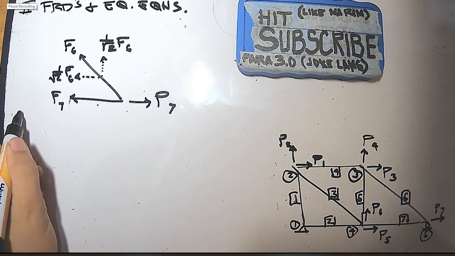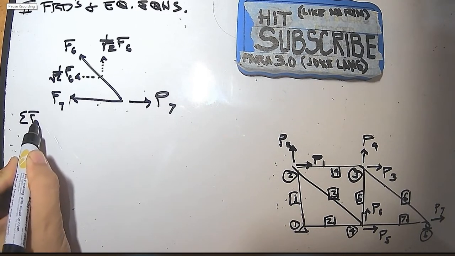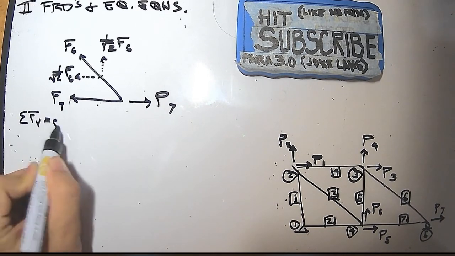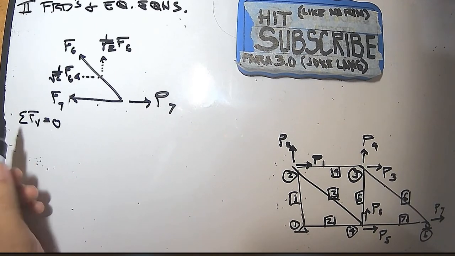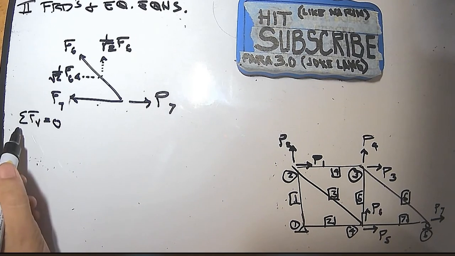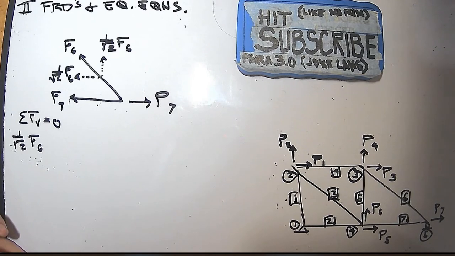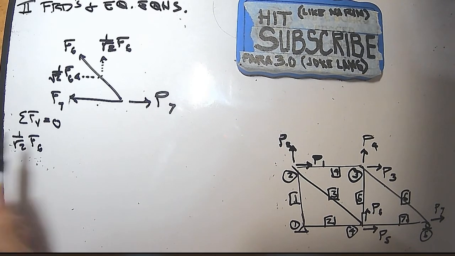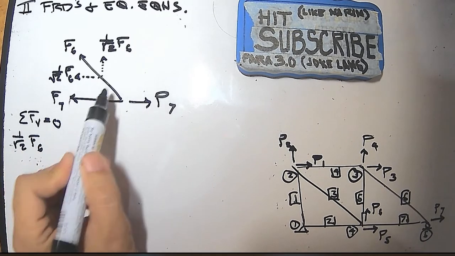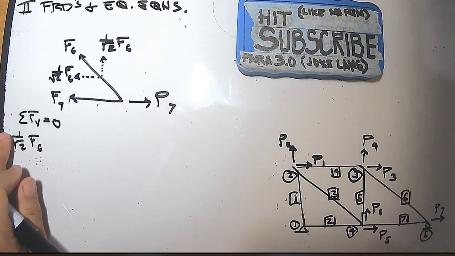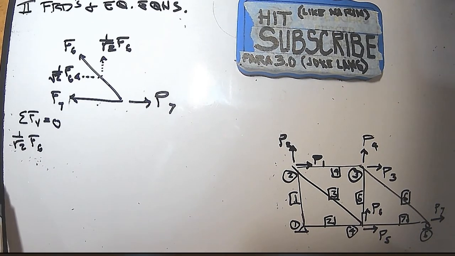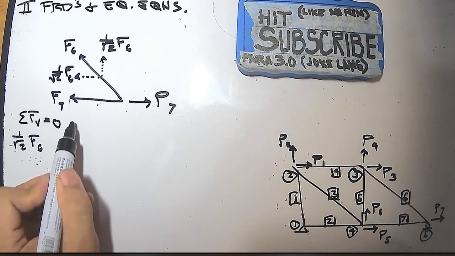Okay, so summation forces vertical equal to 0, taking upwards as positive. So, meron tayong 1 all over square root of 2 F6 plus what? Okay? Wala na siyang kakontra. Walang kukontra kay 1 all over square root of 2 F6. So, we can disregard this.